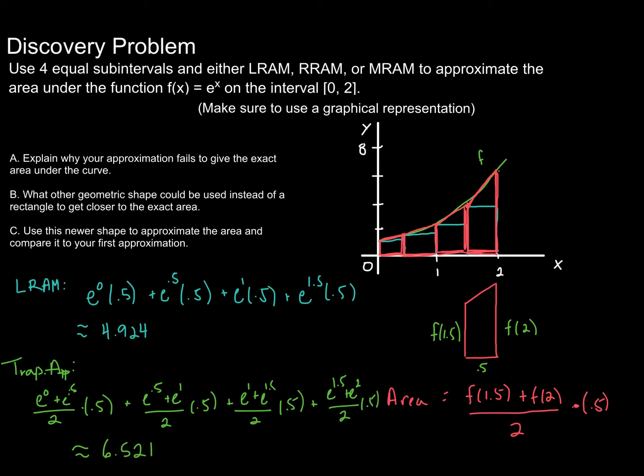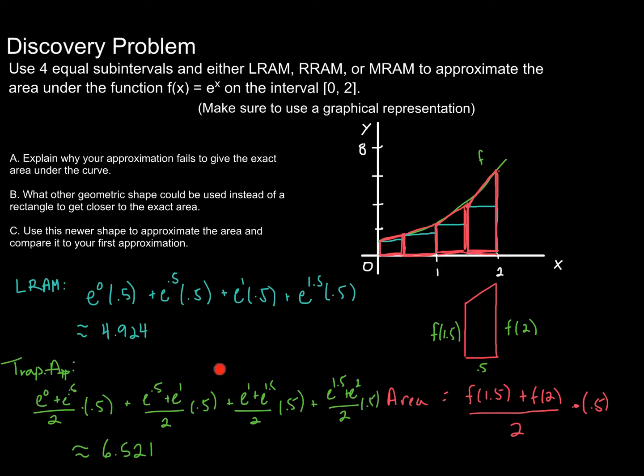I'll take the average of that by adding them together and dividing by 2, and then I'm going to multiply by the distance between the two parallel side lengths, which for any of these is going to be 0.5. So multiply by 0.5. And I do the same thing for each of the other trapezoids as I go through. Notice that this last one is the same as the one that we discussed in detail.